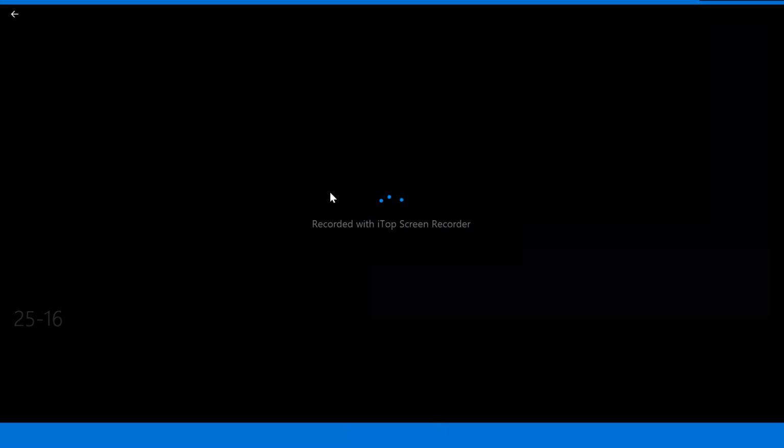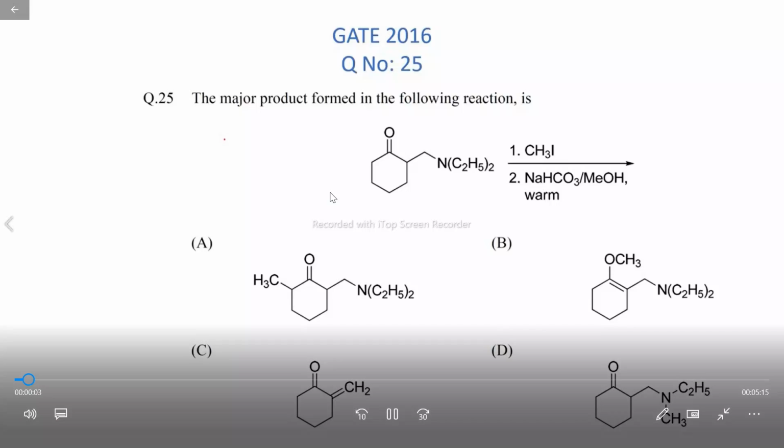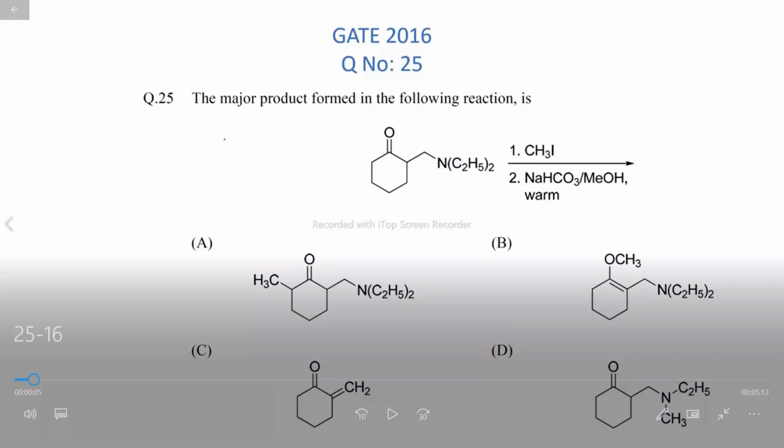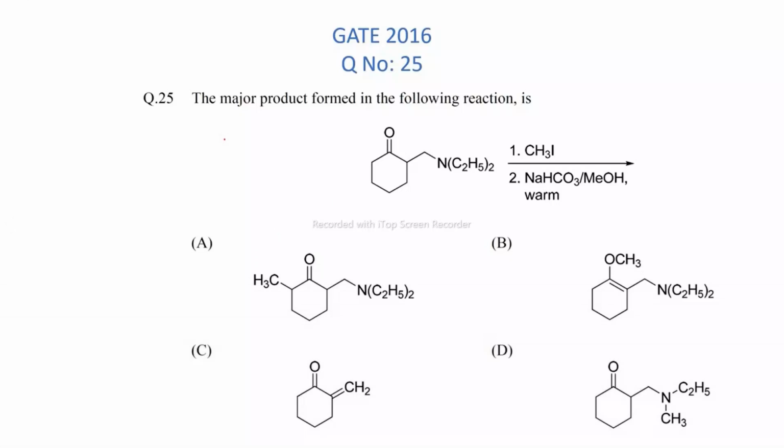Hi everyone. Now I'm going to discuss one GATE question from GATE 2016, question number 20. First, read the question, then try to answer, then we'll solve.